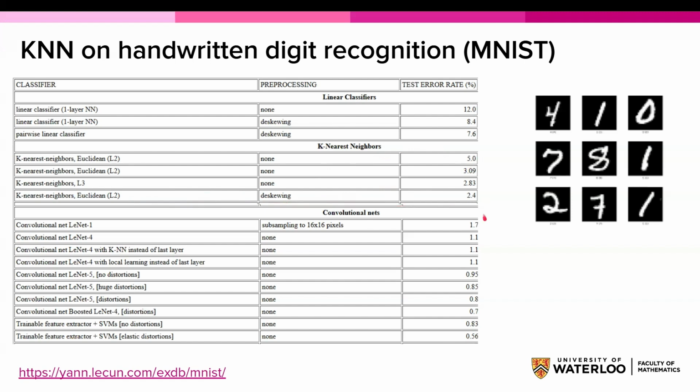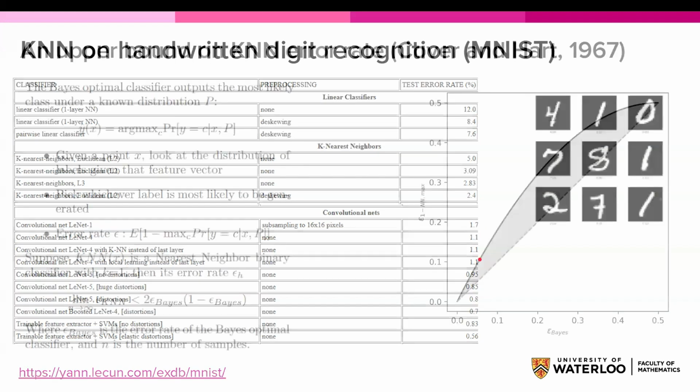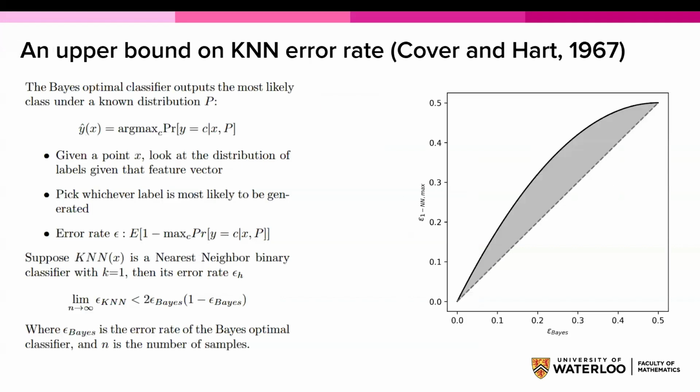This is remarkably competitive with the more advanced algorithms involving convolutional nets. It's much better than the linear classifiers, which can be pretty terrible, getting error rates of around 10%. Still not as good as the state of the art, but within that ballpark. So it achieves surprisingly good results on MNIST.